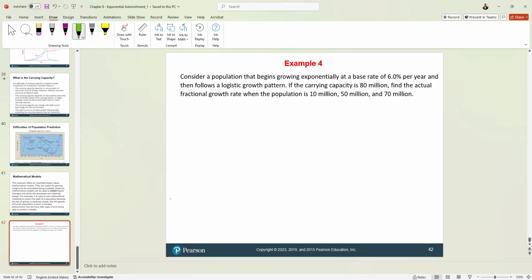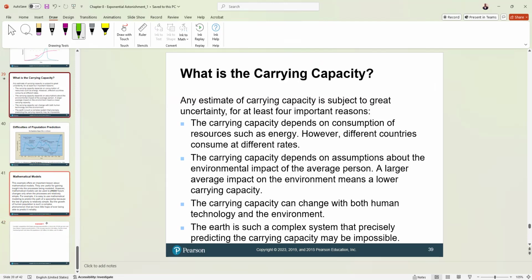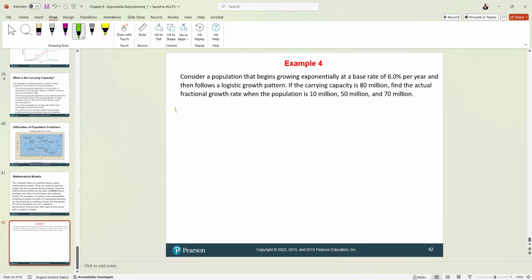If the population is 10 million, I think you can still use the same formula we have here to do it. We know the rate. What is the rate? 6.0%.